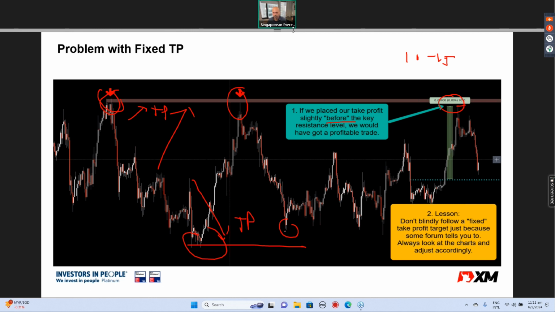Price comes very close to the resistance or comes very close to the support, but stalls just before reaching those respective levels, and then we miss out on closing out the trade for a profit, right? So this is why when we have a fixed TP approach, this can have a negative impact on our hit ratio for successful trades.